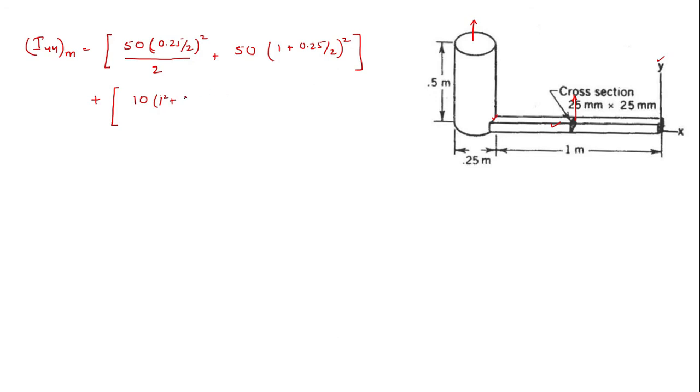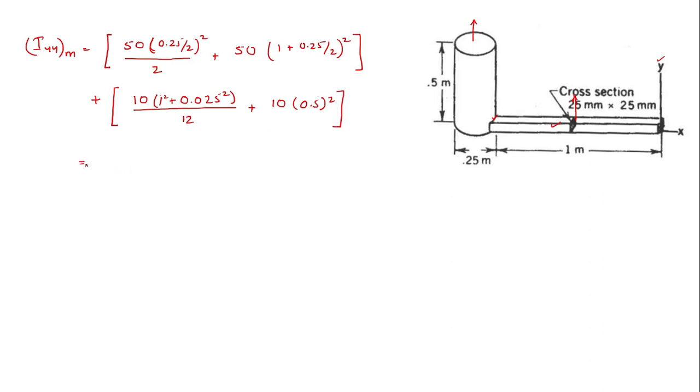So it will be 0.025 meters, 0.025 square, whole divided by 12. Now using the parallel axis theorem, I will shift it to this corresponding edge here. So plus the mass multiplied by the square of the distance between these two, that will be equal to 0.5 square.